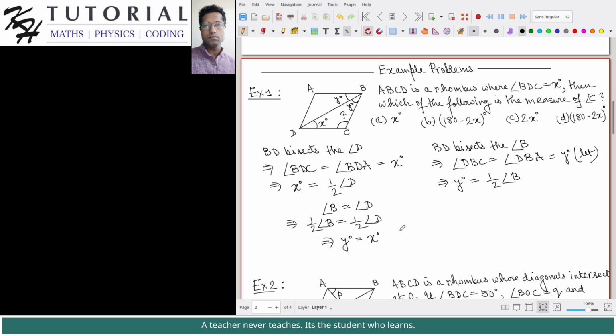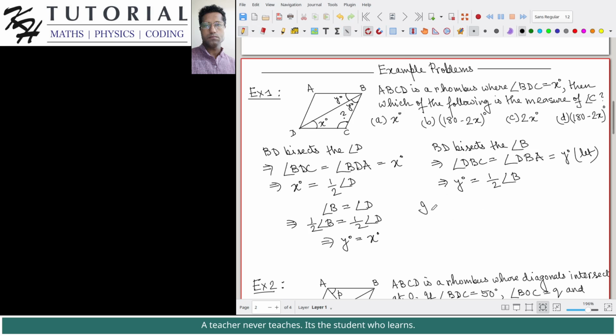So we have y degrees equal to x degrees.